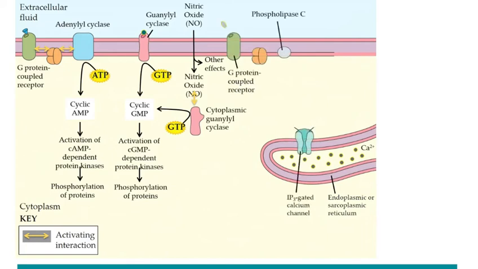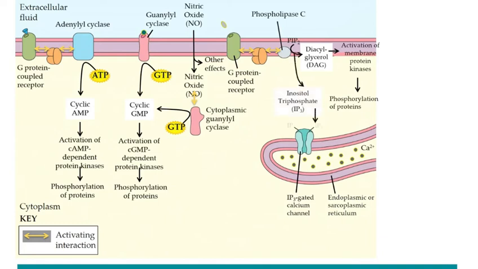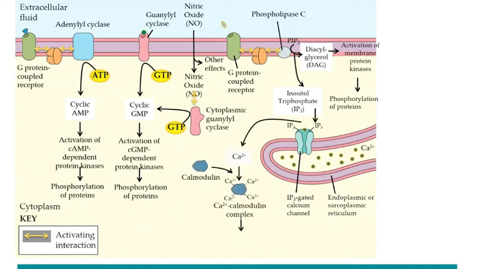And some G protein coupled receptors are operating via phospholipase C to produce diacylglycerol that is affecting different kinases, but also it's releasing IP3, so inositol triphosphate, that is affecting calcium release from intracellular sources, and then this calcium is activating different kinases.